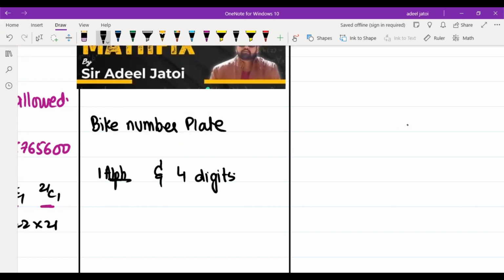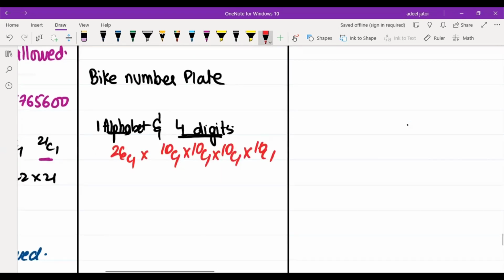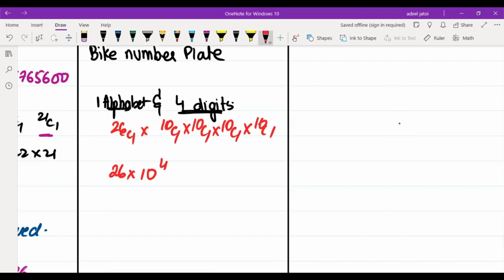If I want to have one alphabet and 4 digits, knowing the fact that the number can be used again and again, this should be 26C1 into 10C1, 10C1, 10C1, 10C1. So this is going to be 26 into 10 to the power 4, which is 260,000.